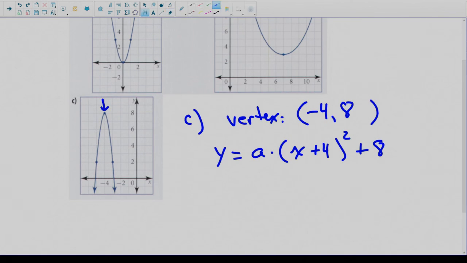Well, I showed this the other day. We have to use algebra to find a, okay? That means I have to substitute a point in for x and y so that I can isolate a. So we want to sub in an x and y to isolate a.